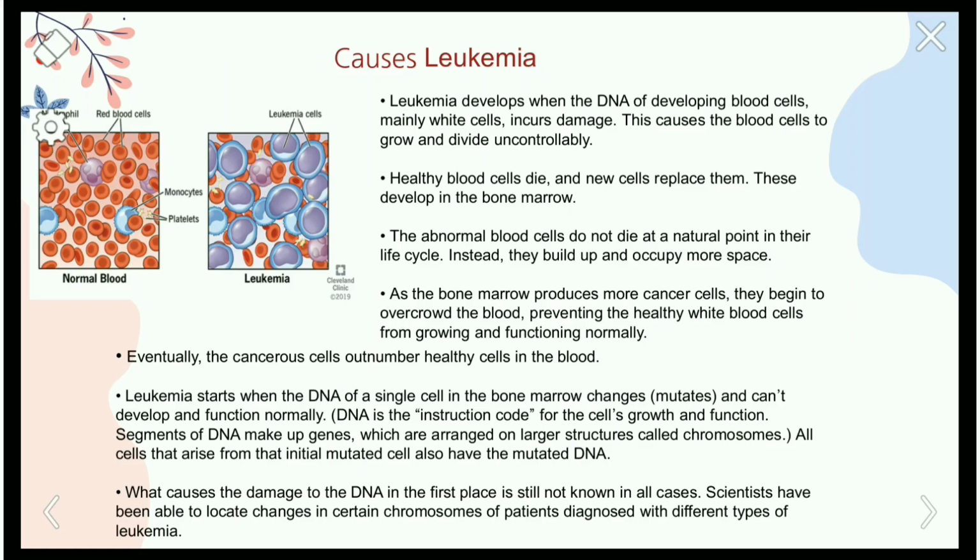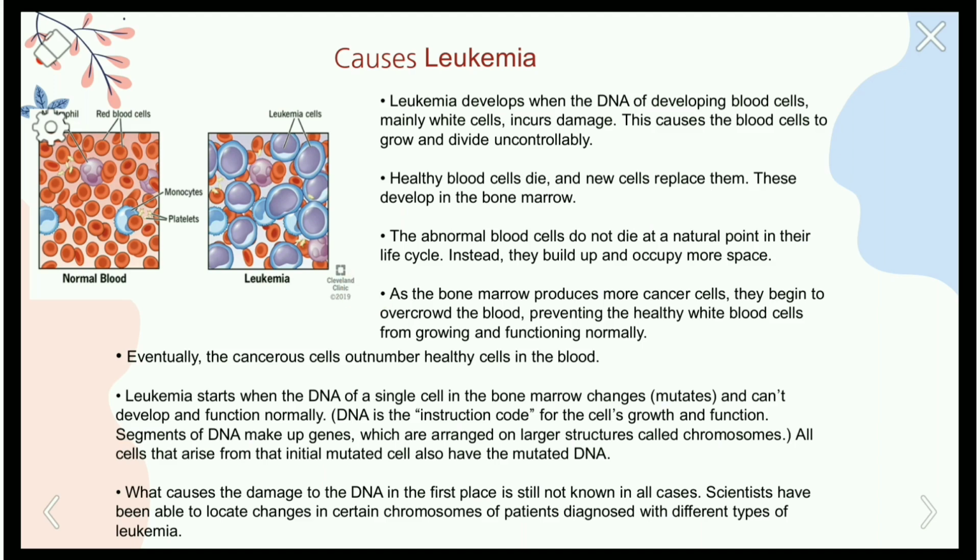Next are the causes of leukemia. Leukemia develops when the DNA of developing blood cells, mainly white cells, incurs damage. This causes the blood cells to grow and divide uncontrollably. The abnormal blood cells do not die at a natural point in their life cycle, but instead they build up and occupy more space.